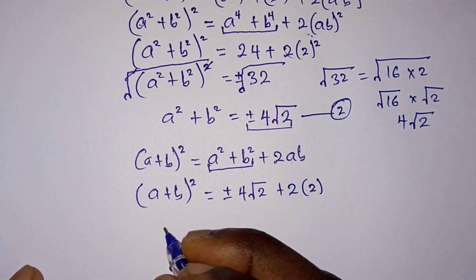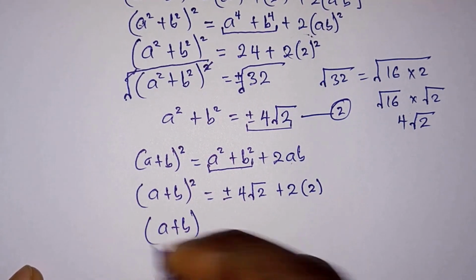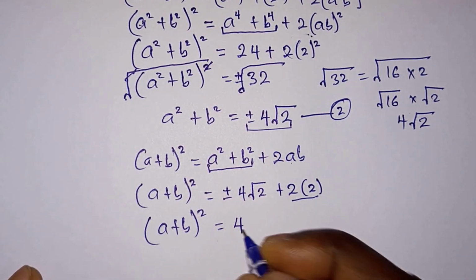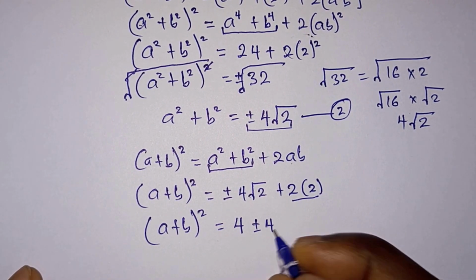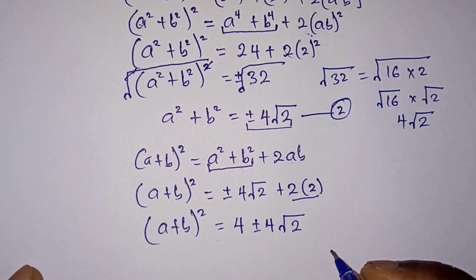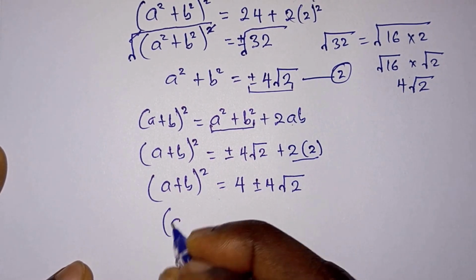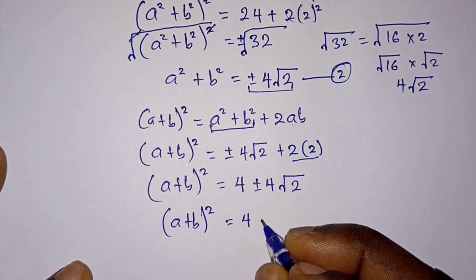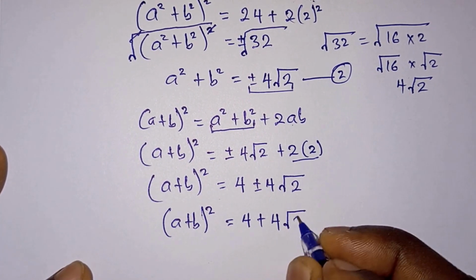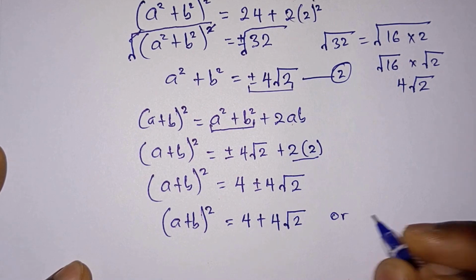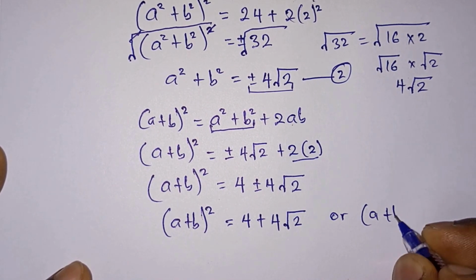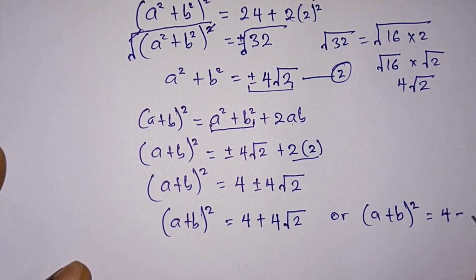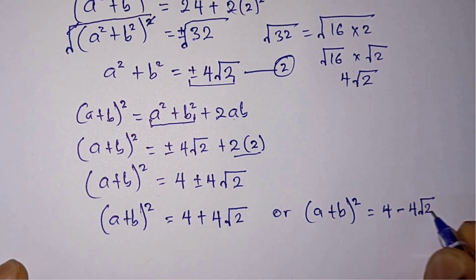We can simplify this as a plus b all squared is equal to 4 plus or minus 4 square root of 2. We can form two equations here. We can have a plus b squared is equal to 4 plus 4 root 2. We can also have a plus b squared equal to 4 minus 4 root 2.